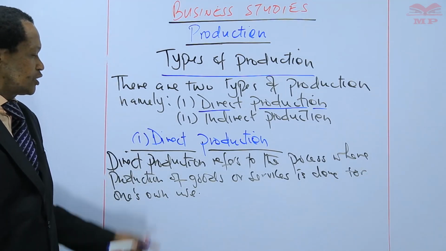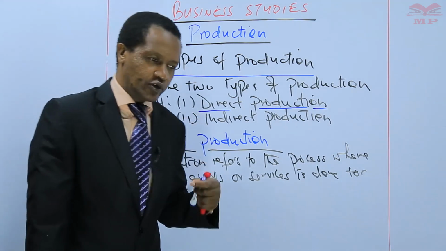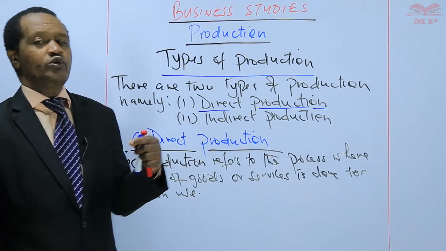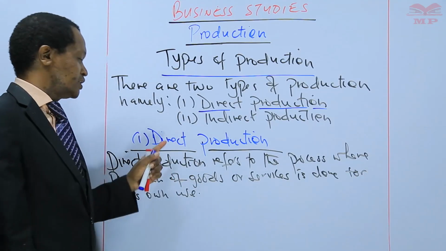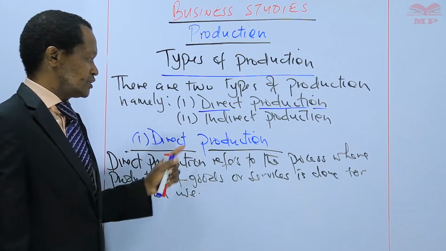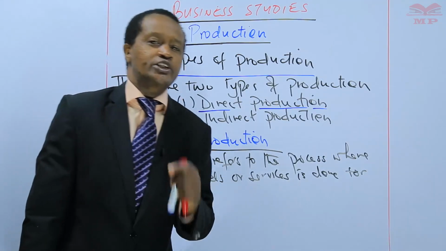When you engage in production of goods or services solely for your own use, then we say that is direct production, and this kind of production is also known as subsistence production.